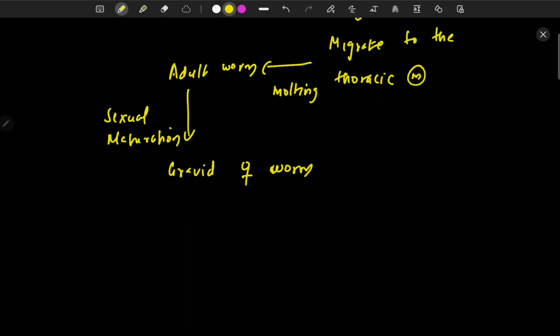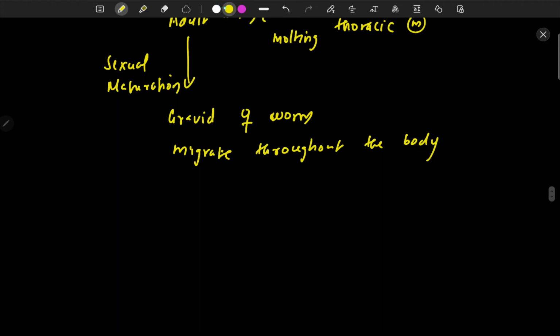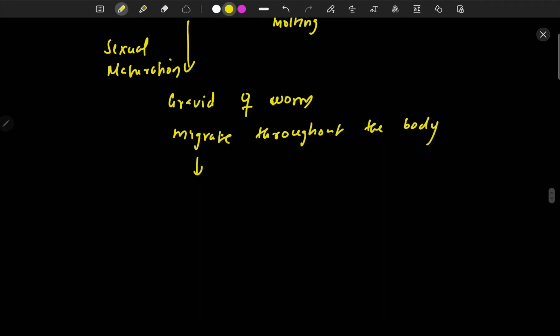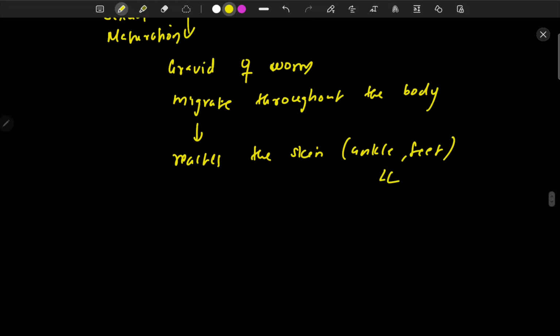The gravid female worm migrates throughout the body and ultimately reaches the skin, particularly of the ankle, feet, and even the lower leg.